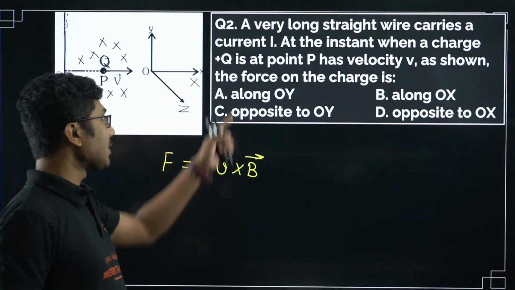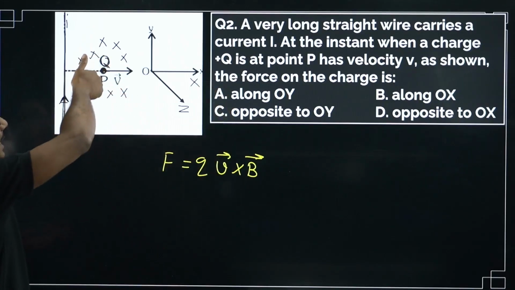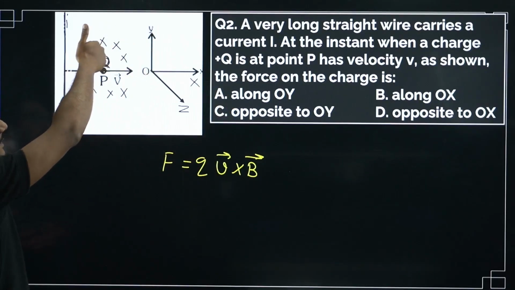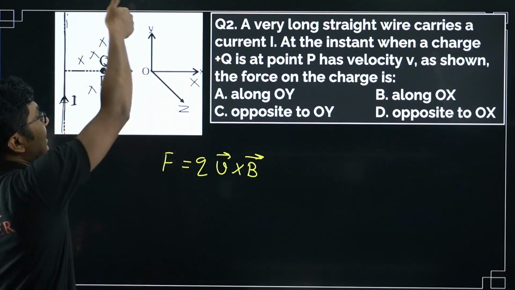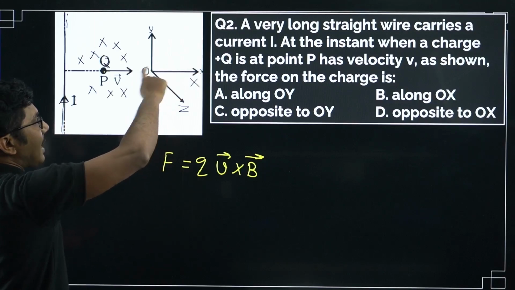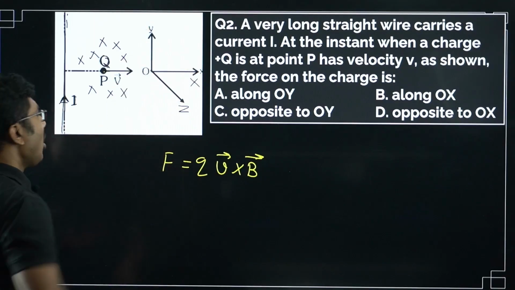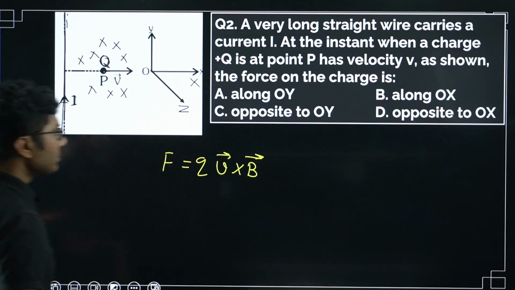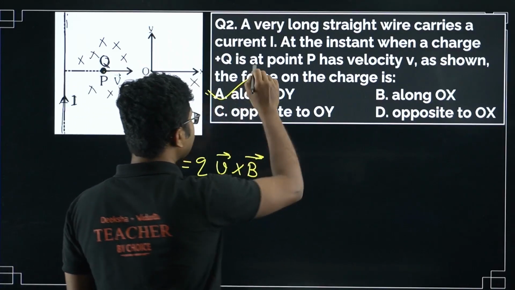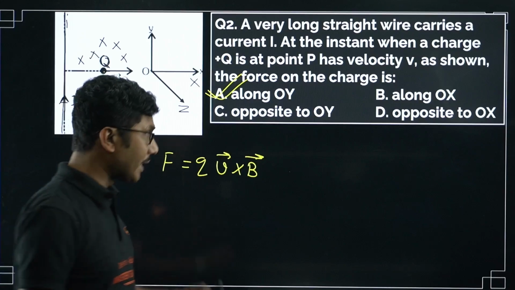For example, if the charge was negative, after finding the direction upwards, you would say the charge is negative, so the force should be in the opposite direction. Now in this case, what is the upward direction? From the axes given, it is along OY. So the correct answer is along OY, right?